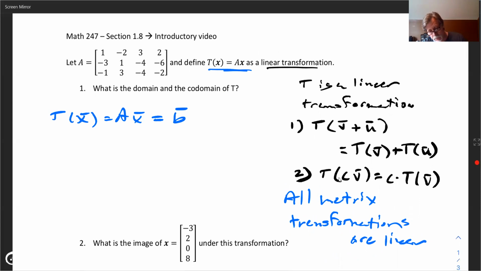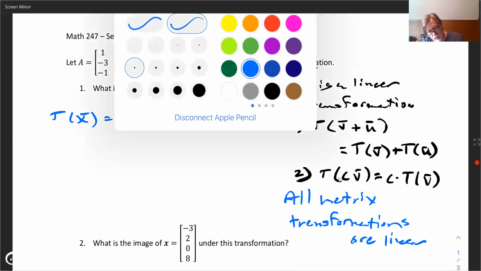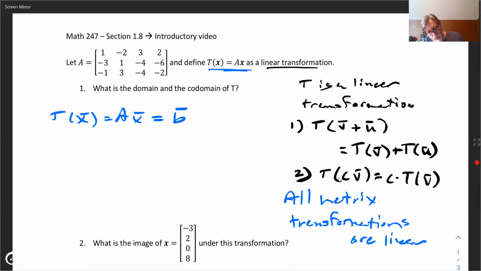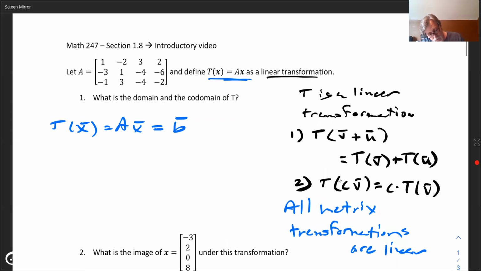We've done this in class before, but the game you can play immediately is you go, well, the size of our matrix, if you look up here, looks like it's a 3 by 4. So whatever vector it multiplies with, remember, this 4 has to equal this 4. That is, the columns in the matrix have to match the elements in the vector. So it has to be a 4 by 1.